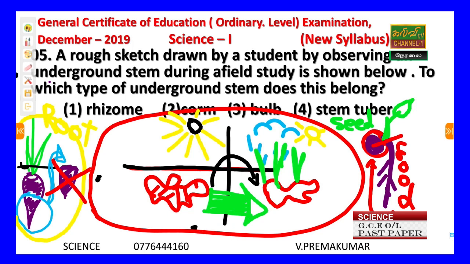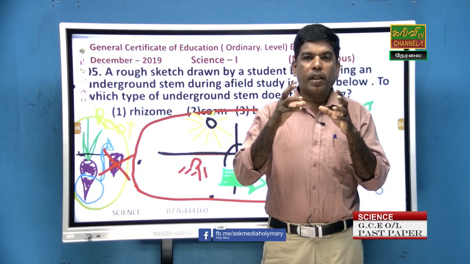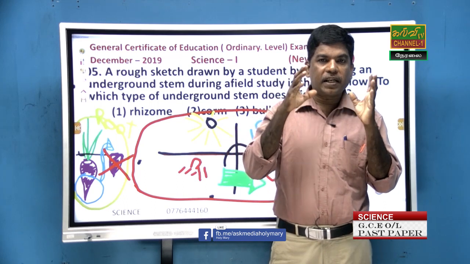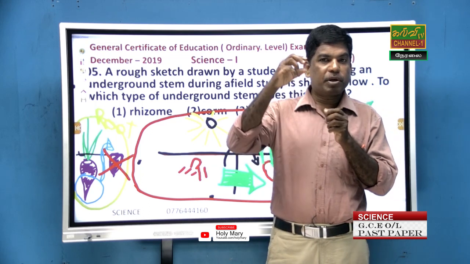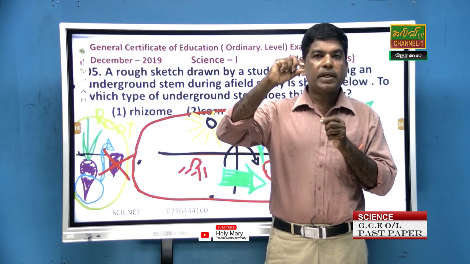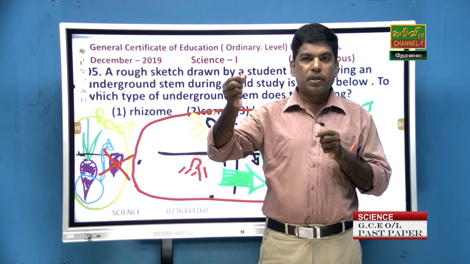So here I am explaining the features of the underground stem. Why do we consider it an underground stem? It can give a new plant, and it is different from the root. A piece of underground stem can give a new plant.